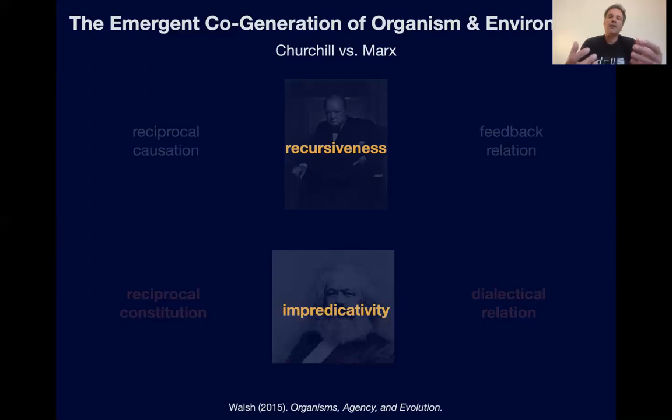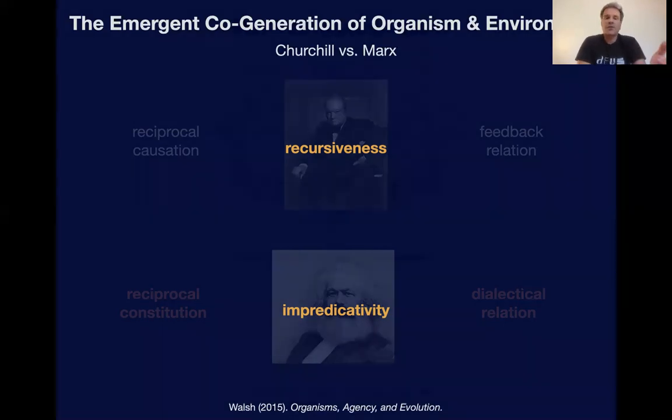So in this case, one process doesn't even exist without the other. These two processes have to coexist, co-generate each other. They depend on each other in a very different way. And we don't have a way to model such processes necessarily.